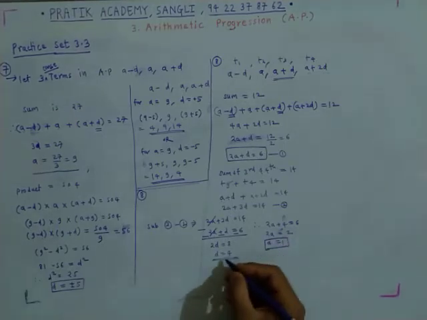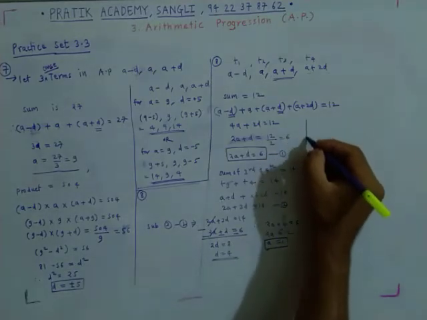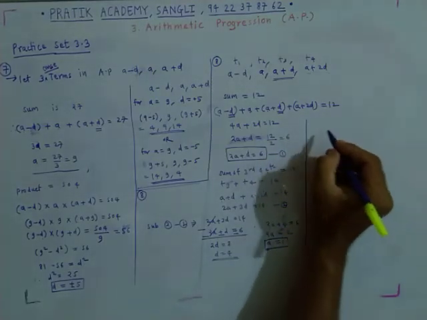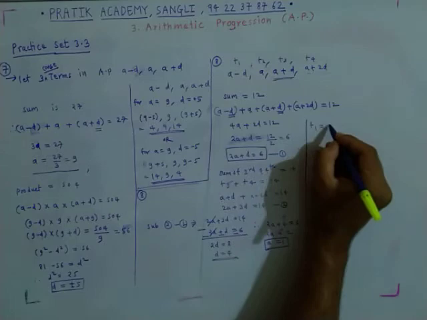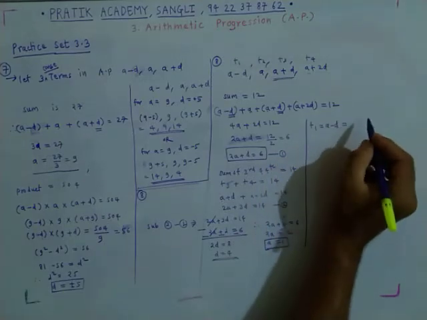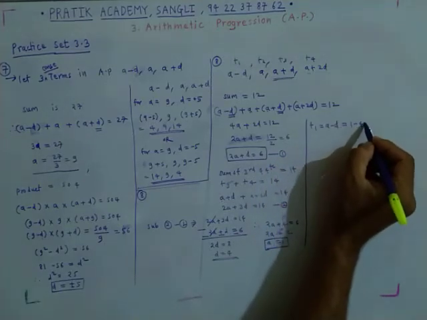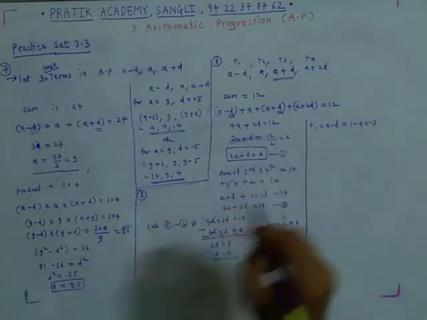Now using this a and d, let's find all terms. So the first term t1 is a minus d, that is 1 minus 4 equals minus 3.